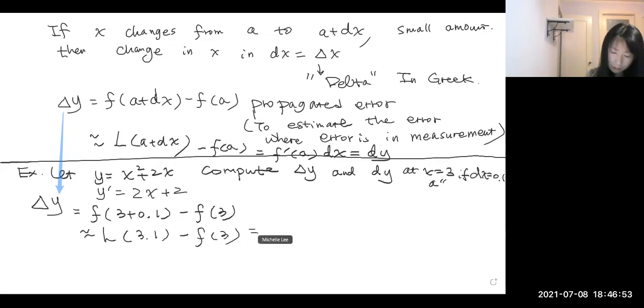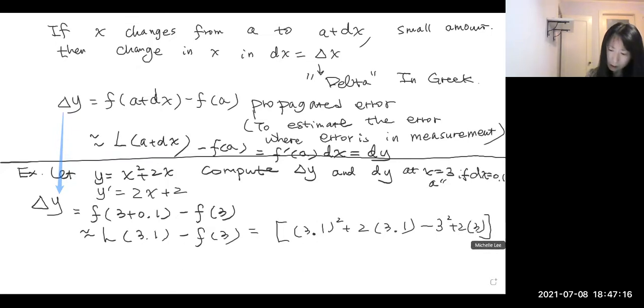So we have the function 3.1 squared plus 2 times 3.1, minus f of 3, which is plug in 3 squared plus 2 times 3. Can you please calculate this one? I got 0.81 for the final answer.